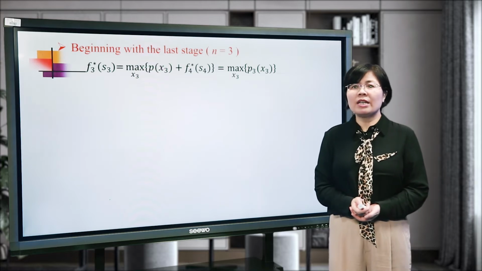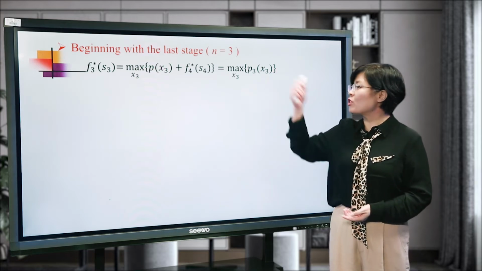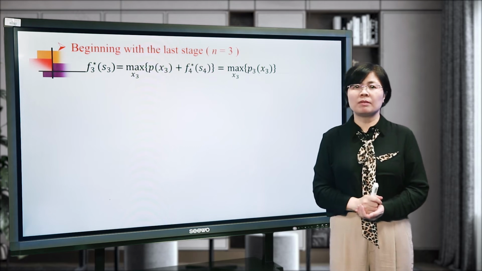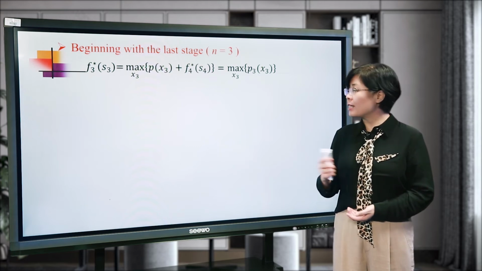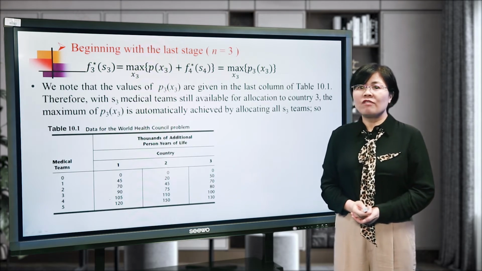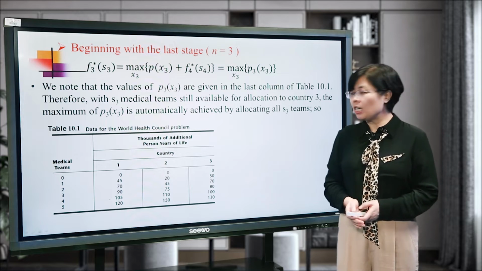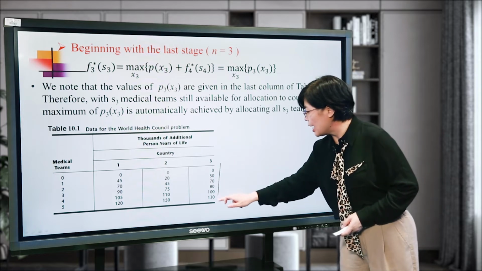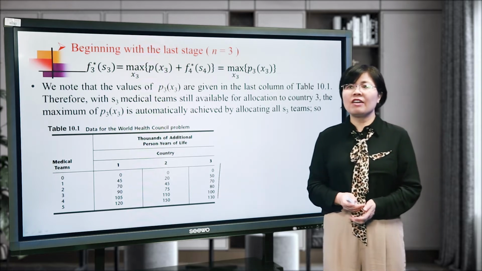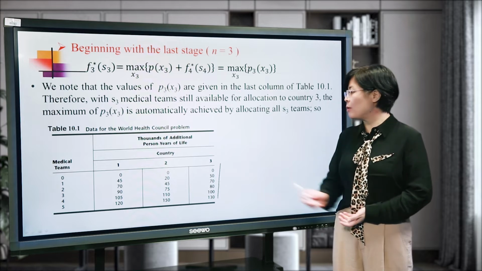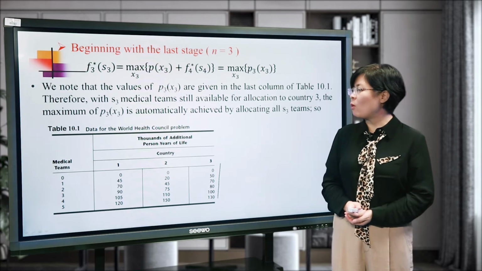Now we begin with the last stage, n equals 3, to solve the problem. We note that the values of P3(X3) are given in the last column of table 10.1.